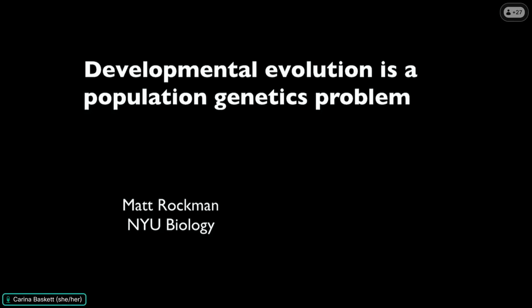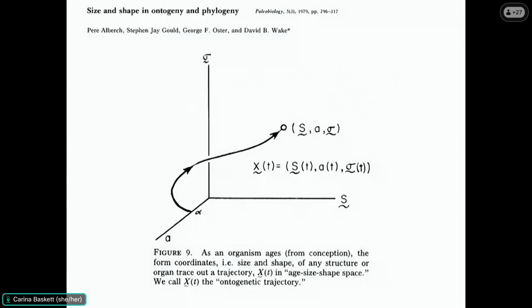account. I like to motivate this with a classic figure from a paper from many, many years ago now, from Alberch et al., 1979, in which the authors ask us to imagine development as basically a trajectory. Here we've got a conceptual space that involves an age axis, a size axis, and a shape axis.